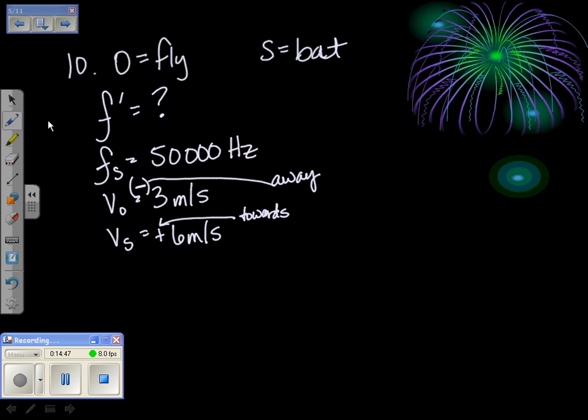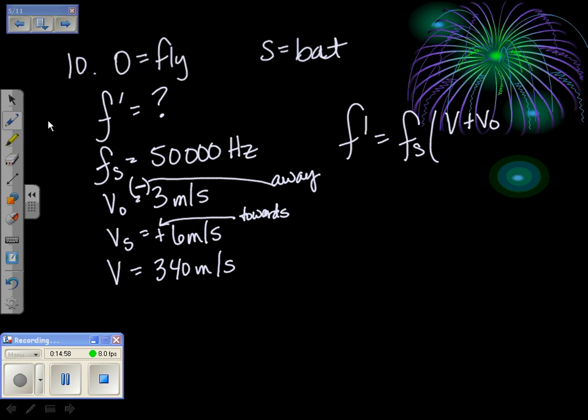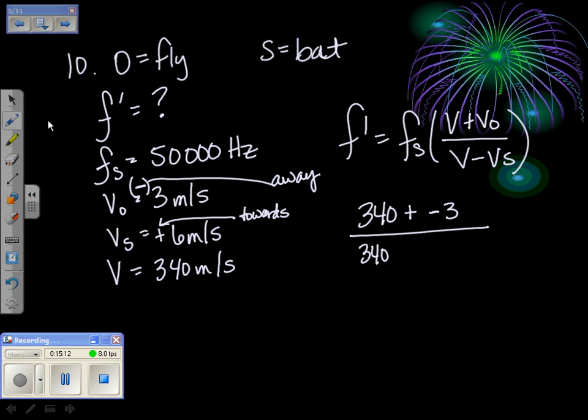All right. Then we also know the speed of sound in normal air is 340 meters per second. So to find F prime, F sub S times V plus V naught over V minus Vs. So we end up with 340 plus a negative 3, divided by 340 minus 6, multiplied by 50,000.